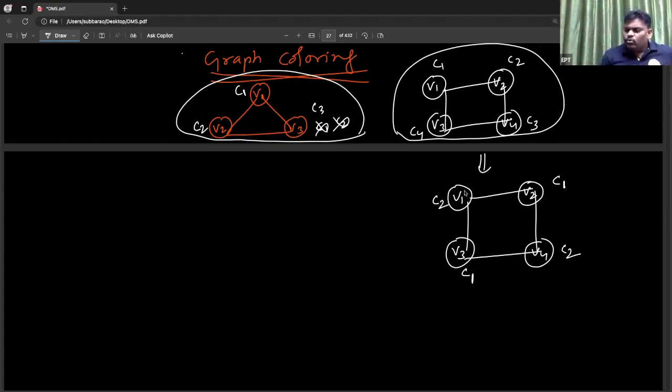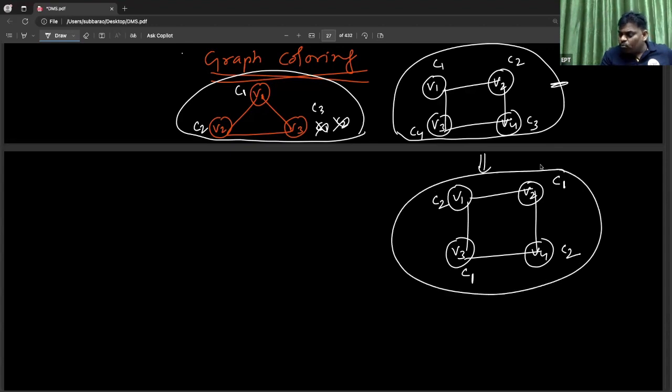Am I satisfied or not? If two vertices are adjacent, they should contain different colors. For V1, one side is C1, one side is C1. But V2 and V3 are not adjacent, no problem. For V4, no problem. No two adjacent vertices contain the same color. Remember, it is also graph coloring.